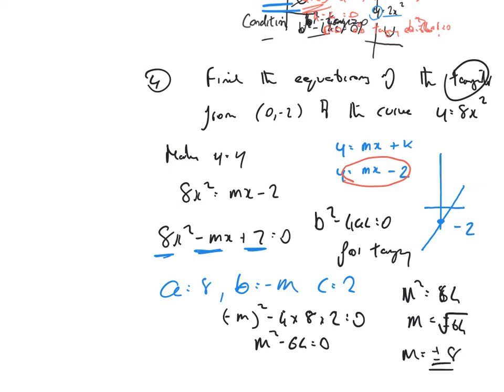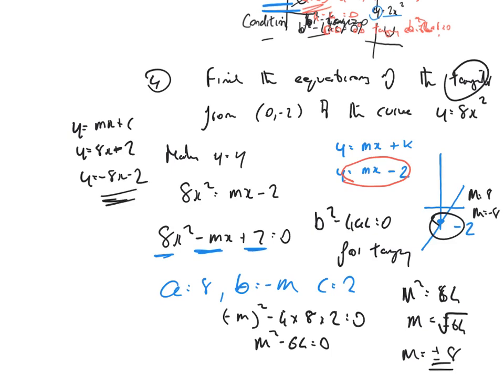So the gradient is either going to be 8 or minus 8. My y-intercept in both situations is minus 2, so that's y equals 8x minus 2, or y equals minus 8x minus 2. Final answer.